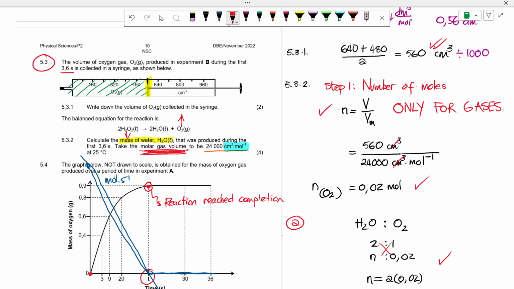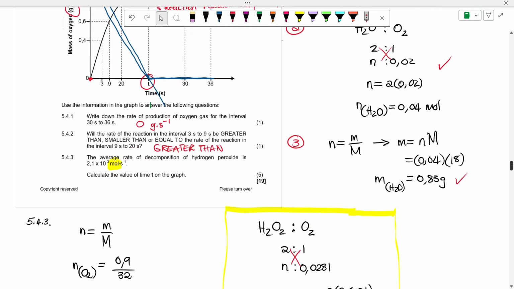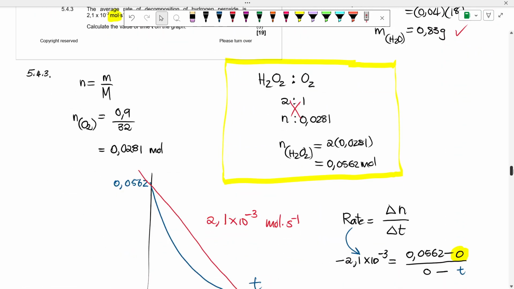But here we move past that 3.6 seconds. So when we have volume, that's when we can use the molar volume of a gas. But if you are not given the volume, you don't apply that. Correct. So here we were given the mass in grams. That's why we used mass over molar mass. Yeah. It just depends on what you're given.